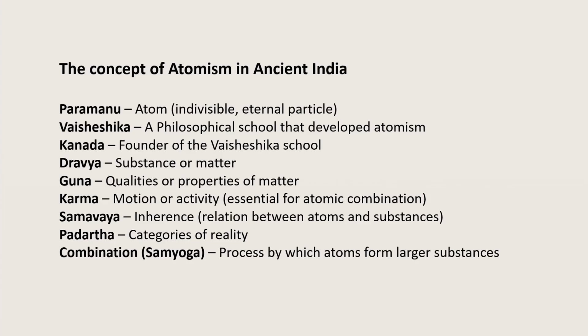Guna, qualities or properties of matter. Karma, motion or activity essential for atomic combination. Samavaya, inherence, relation between atoms and substance. Padarth, categories of reality. Samyoga, combination, the process by which atoms form larger substance.